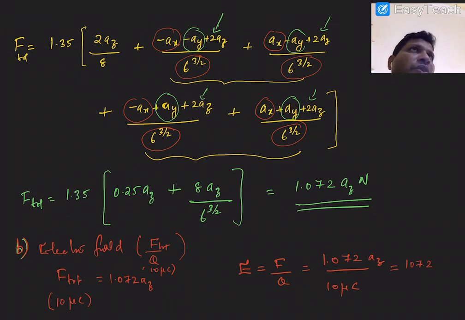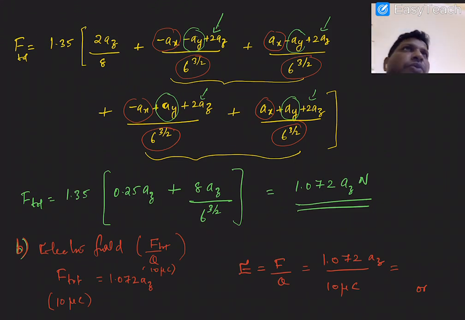So you will get this answer as 107.2 kilo. Okay, and what is the unit which we usually use? This will be in kilo. So you can use kilonewtons per coulomb. Sorry, I forgot to write AZ.